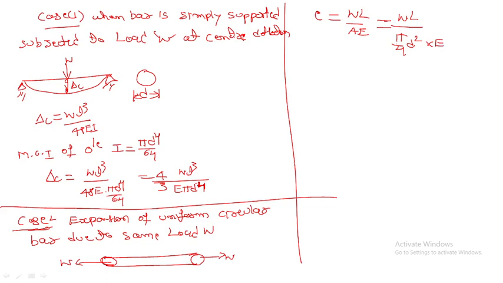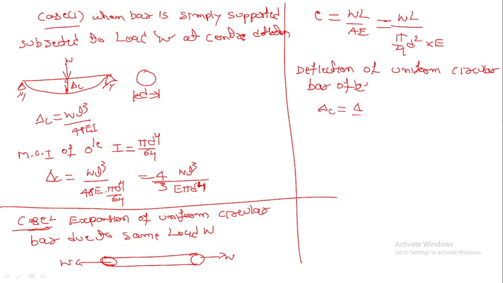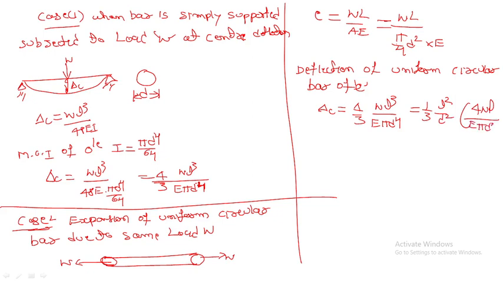Now the deflection of the uniform circular bar, that is delta C equals 4 by 3 WL cube by E pi d raised to 4, which equals 1 by 3 L square by d square times 4 WL divided by E pi d square, right.